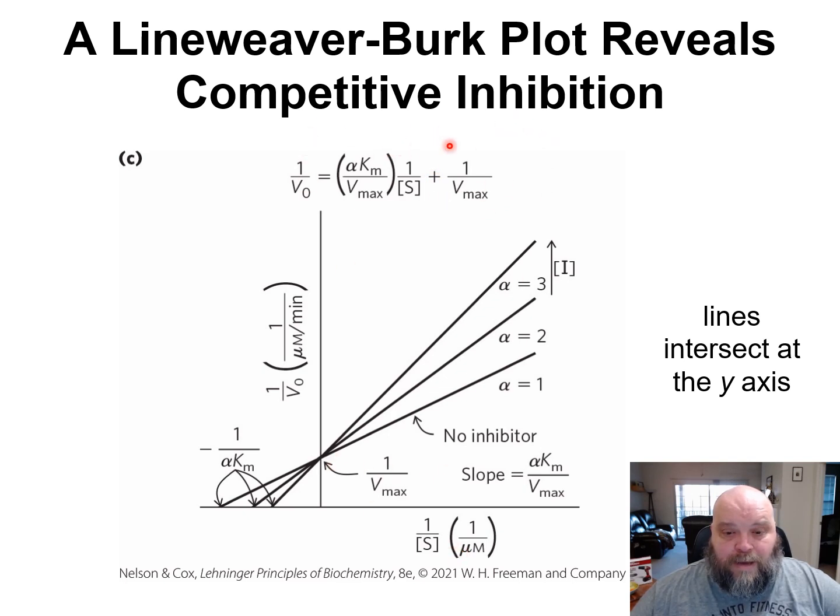Our y equals mx plus b. Inhibitor increases, our slope increases, which is different from when we're just plotting V naught over concentration of S. You saw the hyperbolas got shallower and shallower.